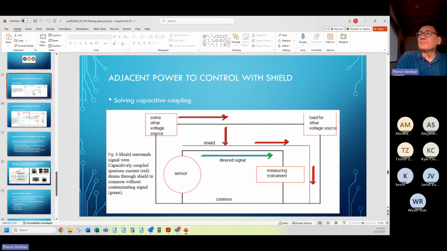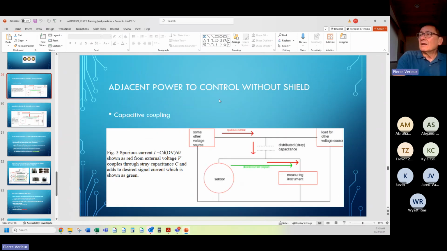This is a diagram of inductance between two cables. Here I have a sensor, and here I have another conductor with some current going through it. There's a capacitance between the two. When that capacitance builds up enough that it can bridge across, it creates a capacitive discharge.